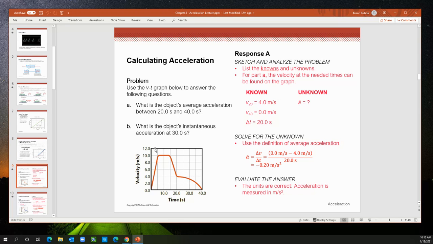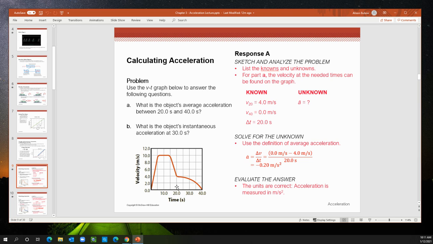So here's an example. Here's a velocity versus time graph that changes wildly, right? The velocity versus time here is not steadily changing, but we can use this graph to find average acceleration. So what's the object's average acceleration between 20 and 40 seconds? So we find the velocity at 20 seconds.